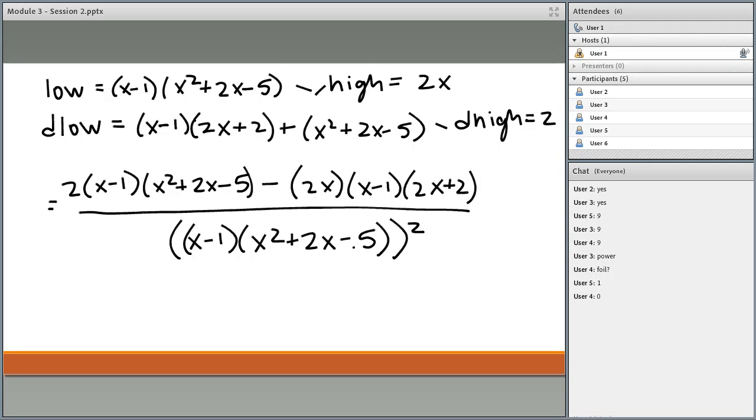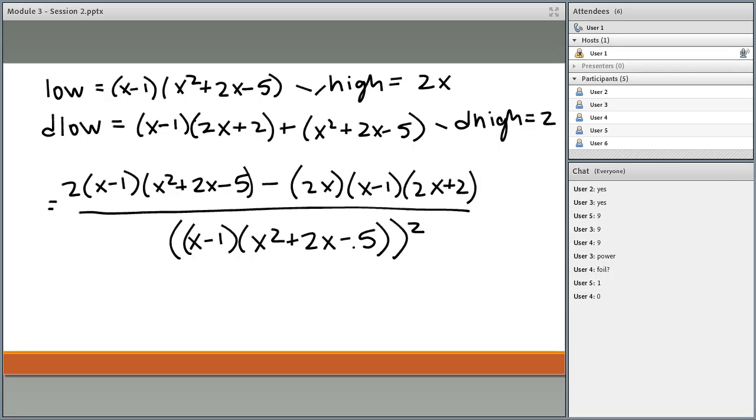Okay, and simplifying the numerator. Like I said before, we usually simplify the numerator because typically what we're going to be doing is using this to figure out critical values or points of inflection. In this case, we weren't asked to do that. So we could leave it here and it would be completely correct, or we could simplify. In a case like this, where this is a pretty complex numerator, we could leave it here.